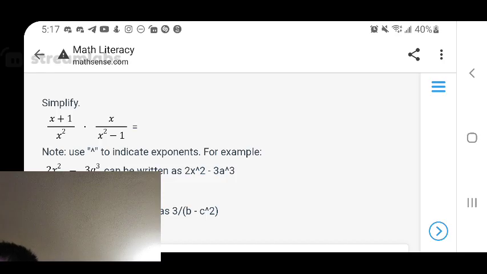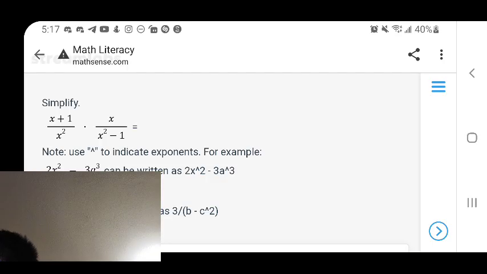Oh, I can also do, okay, I see here. X plus 1, x minus 1. This is x squared minus 1 on top. Okay, I see what's happening here.